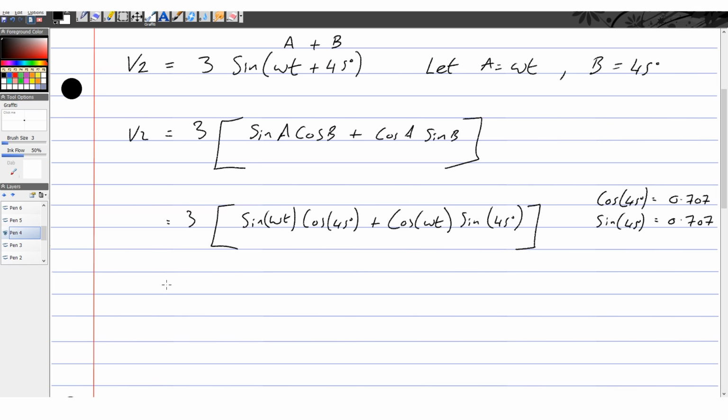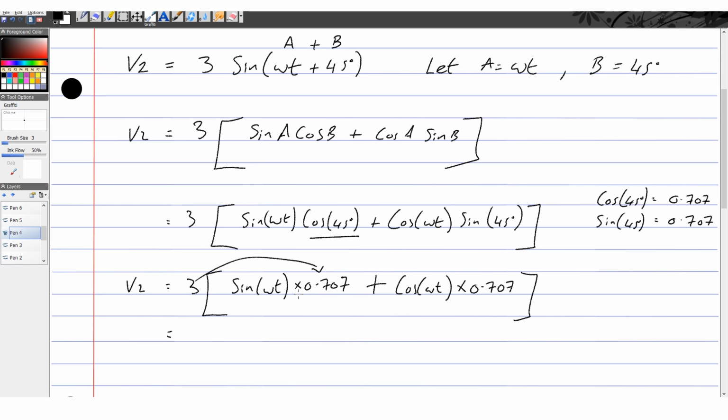So we can plug the numbers in now. V2 is 3 lots of sine omega t times the cos of 45, which is 0.707, added to the cosine of omega t times the sine of 45, 0.707. So this 3 is a common factor, so we can multiply the 3 by this 0.707, and multiply the 3 by that 0.707 to multiply out the bracket.